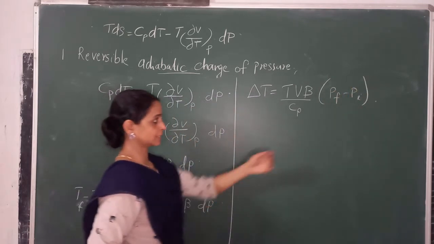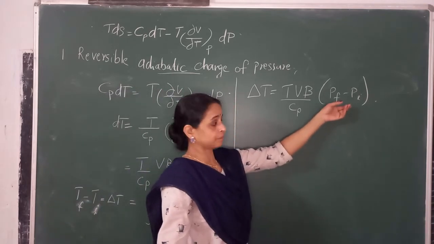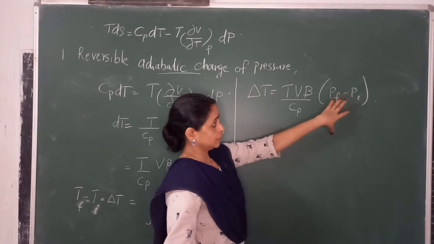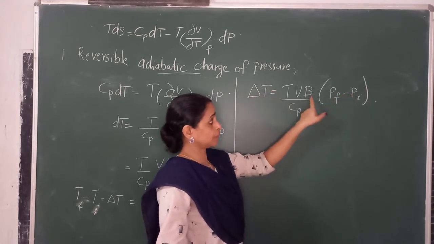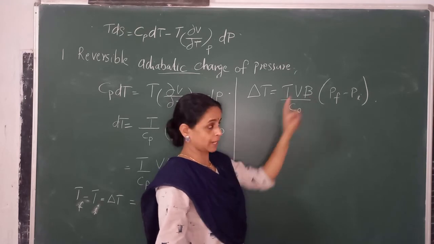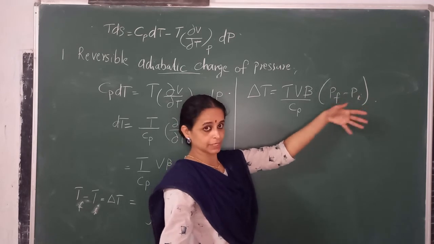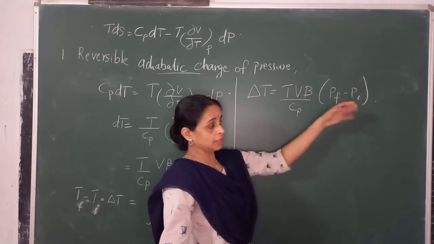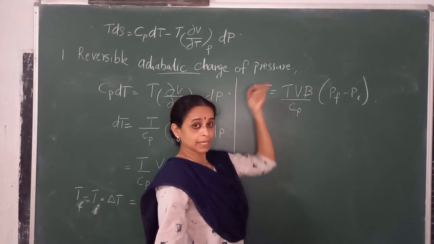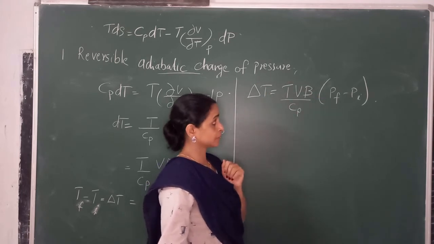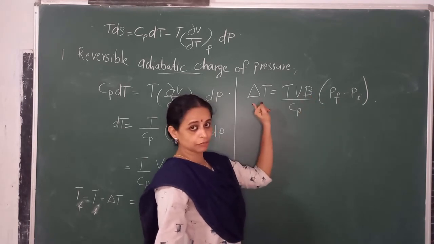Here also you can see that if there is an increase of pressure, then the temperature may increase or decrease depending upon the value of beta. So if beta is positive, there will be an increase of temperature.